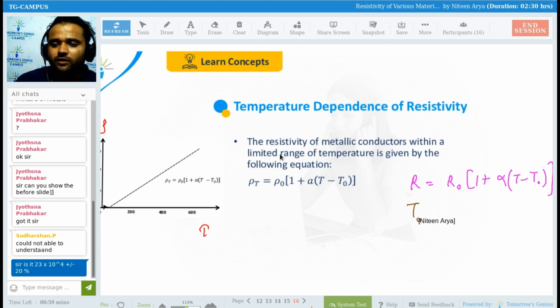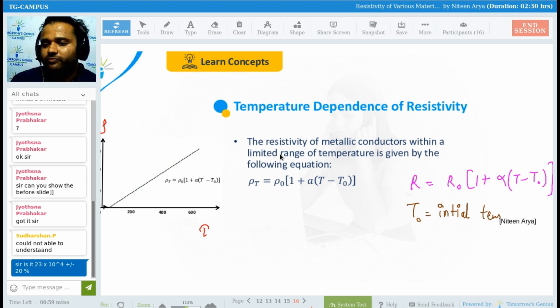T naught is the initial temperature, or temperature at starting time, 0 seconds. R naught is the initial resistance, and R of T is the resistance at temperature T.